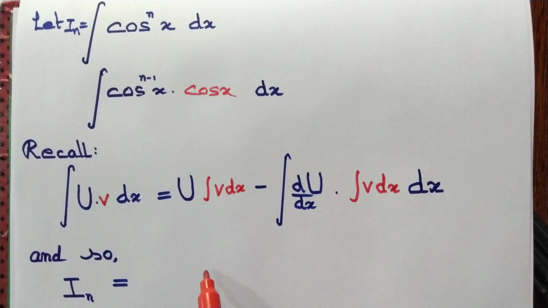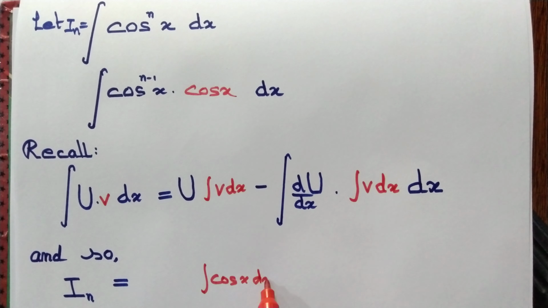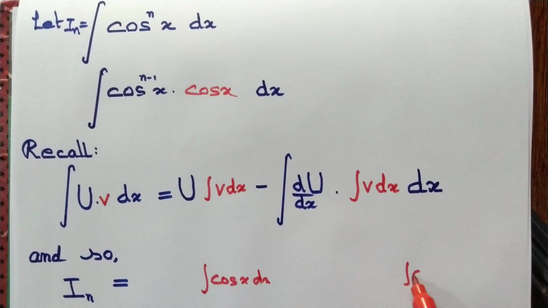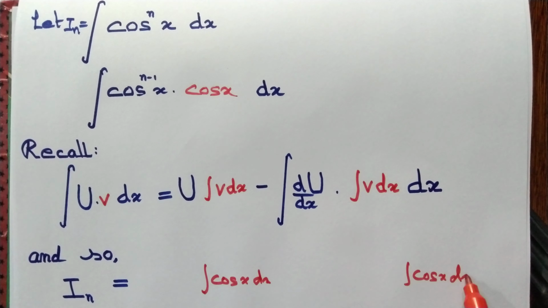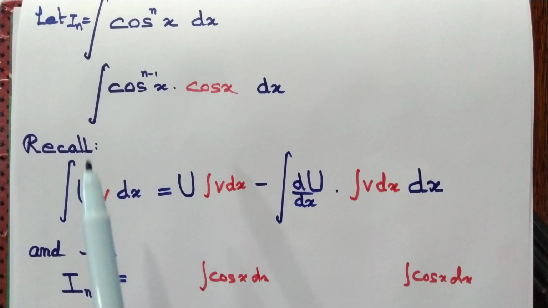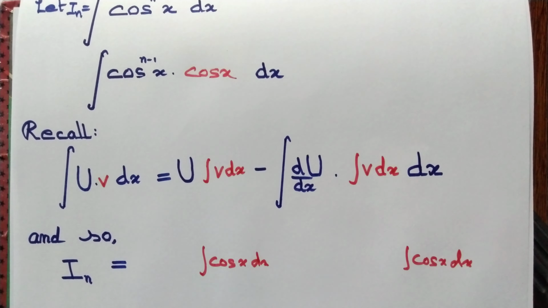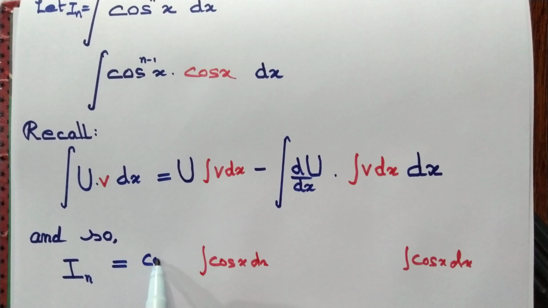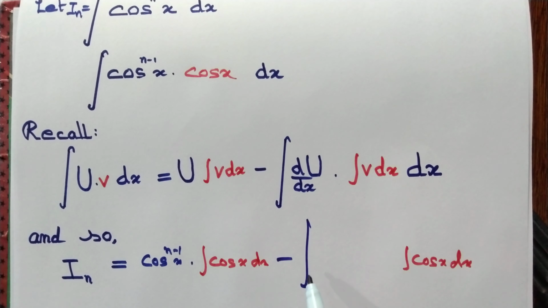Let's write the integral of cos x first, the integral of cos x dx. The first function is cos to the power n minus 1 x. So u is cos to the power n minus 1 x times the integral of the second, that's done, minus the integral of the derivative of the first function.